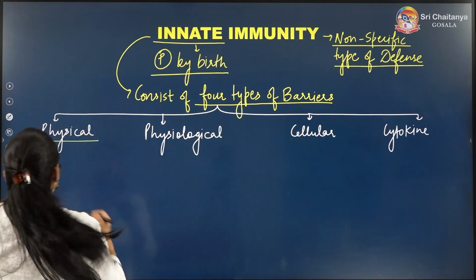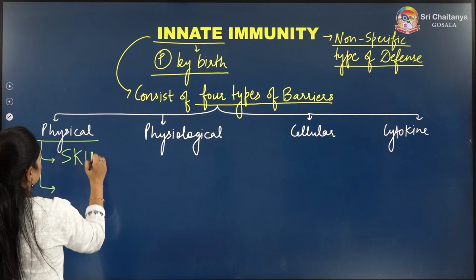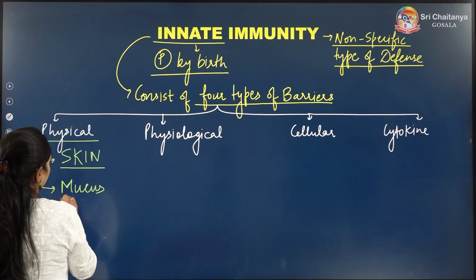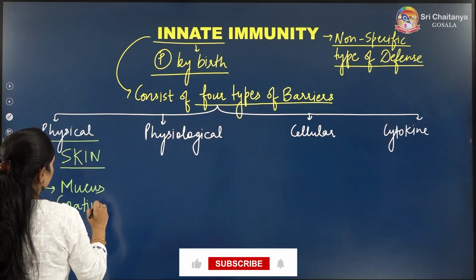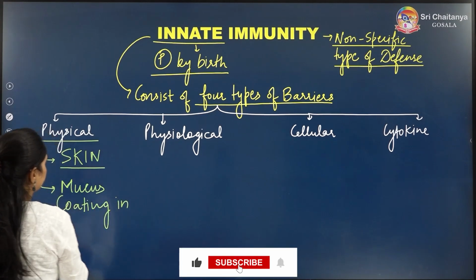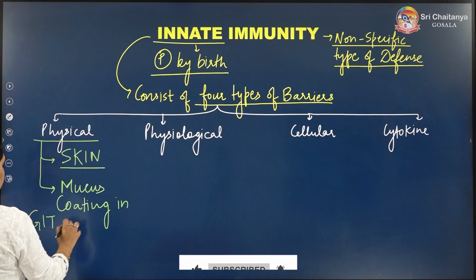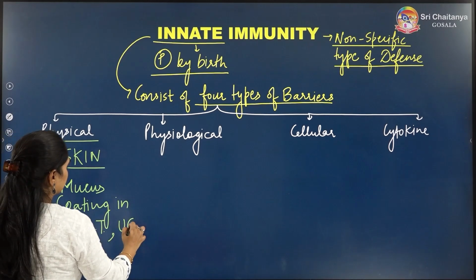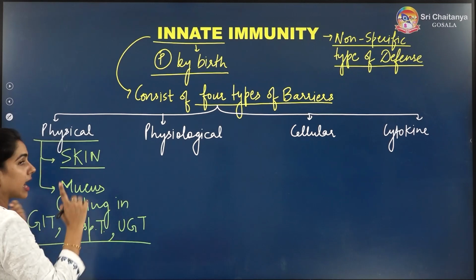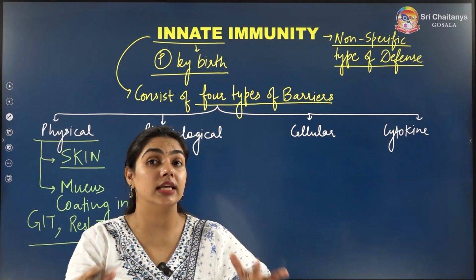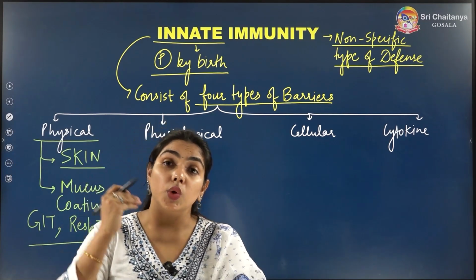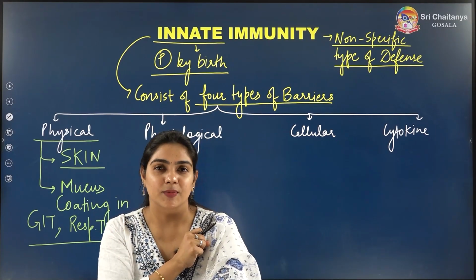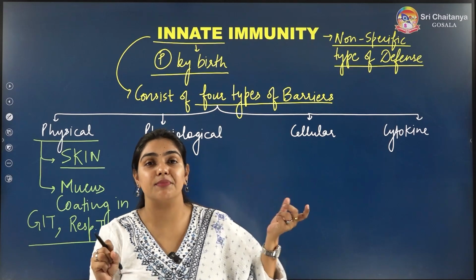So obviously your skin is a physical barrier. Then you have a mucus coating, a mucous membrane, in your major tracts like the GIT, the respiratory tract, and the urinogenital tract, to trap the pathogens. Okay. So this is the first barrier.